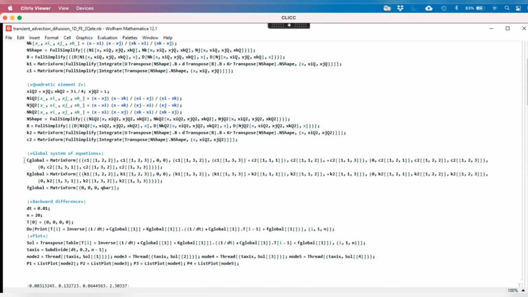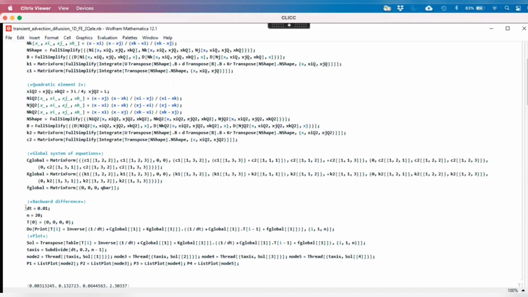So we have now one C global, one K global, 4 by 4, right? And one F global, which is 4 by 1, containing the boundary term Q bar. Up to this point, we solved the spatial problem. Now we need to use backward difference to find the coefficients, which are a function of time, right?